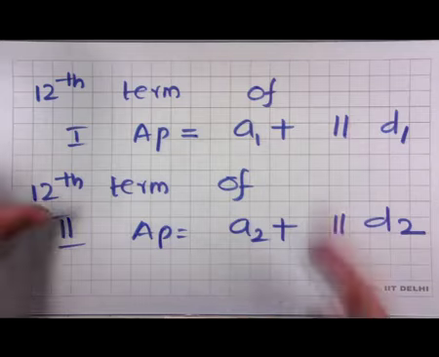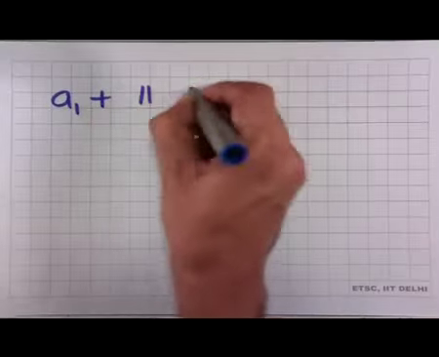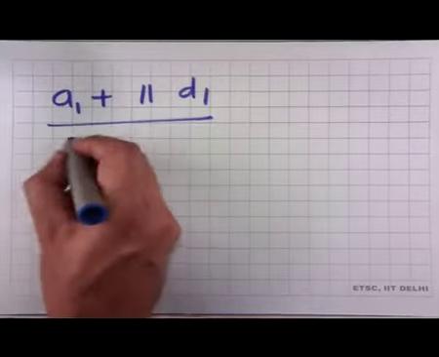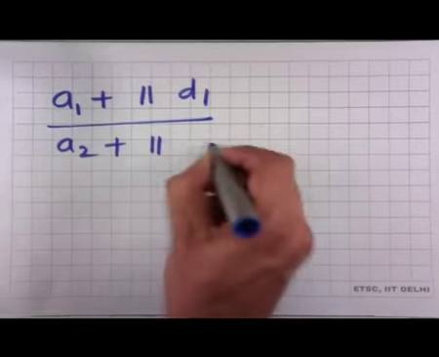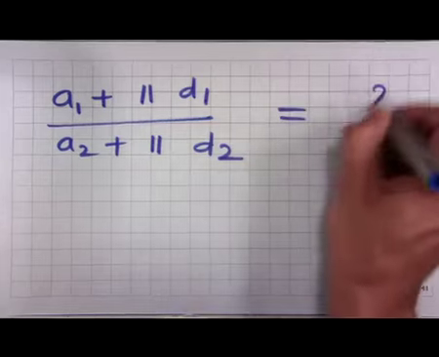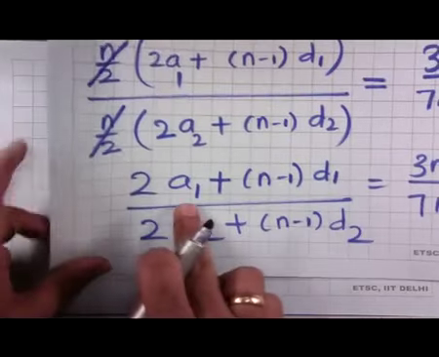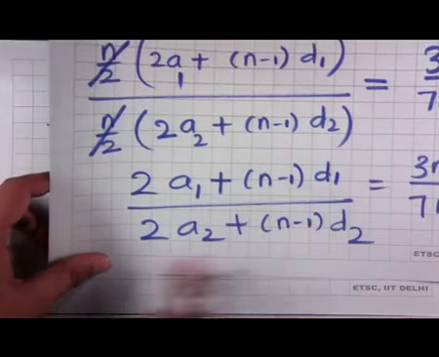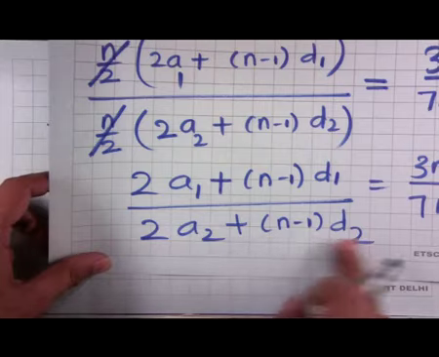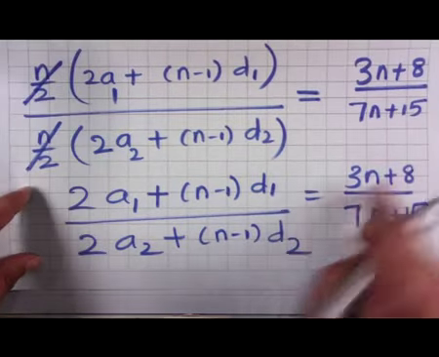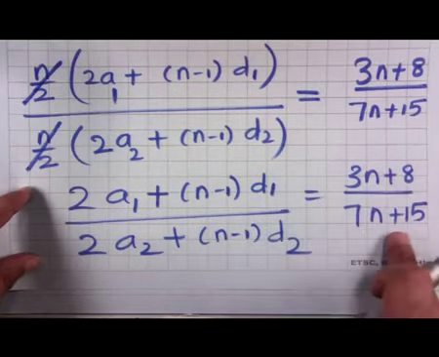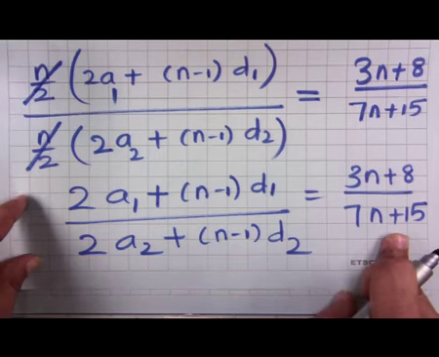We are asked to find the ratio a1 plus 11 d1 by a2 plus 11 d2. This is what we are asked. And what we have is 2a1 plus n minus 1 into d1 by 2a2 plus n minus 1 into d2 equal to 3n plus 8 by 7n plus 15.